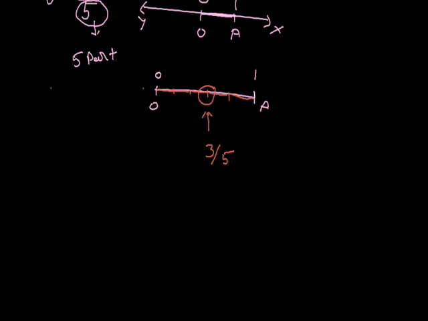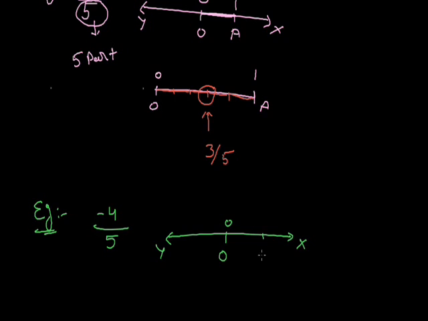Now let's take another example, minus 4 by 5. How can we represent minus 4 by 5 on the number line? Simply, we take a line XY extending in both directions, and we take one point O which represents 0 and another point A which represents 1.